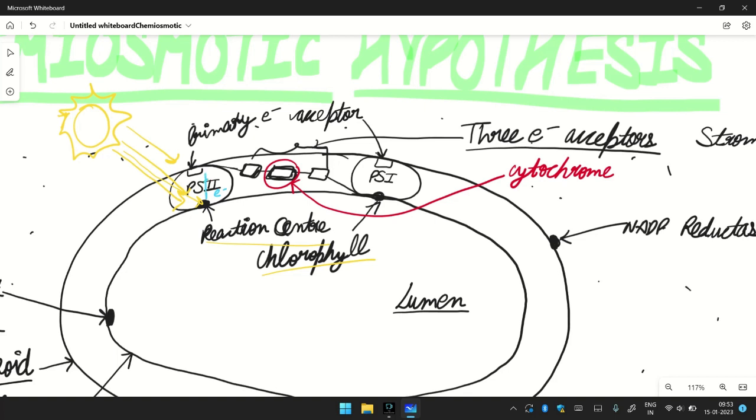And they are taken by the primary electron acceptor. The primary electron acceptor accepts the electron which has been excited.